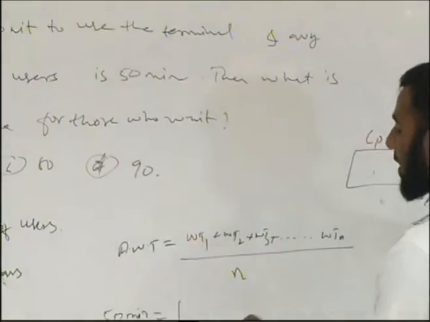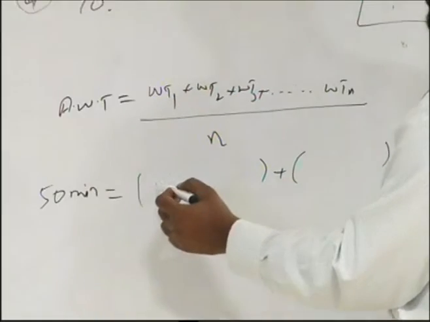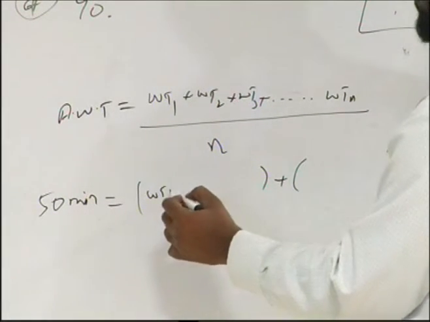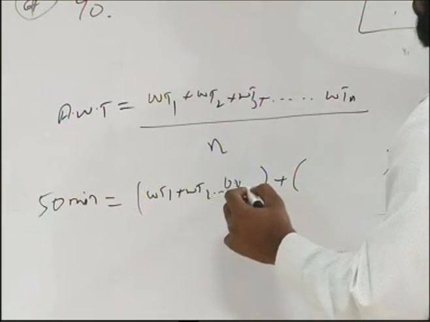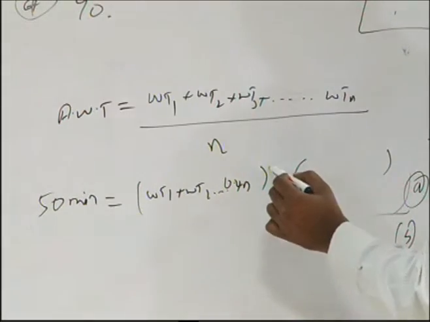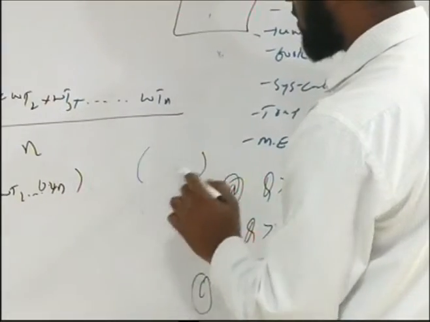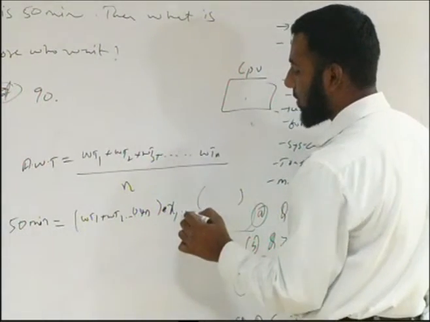But here we have divided the processes into two categories. For 40% of the processes, waiting time 1 plus waiting time 2 up to 0.4 n, all of these processes have to wait for some amount of time. Assume that the amount of time they have to wait is x1.